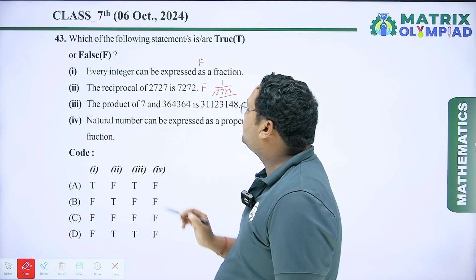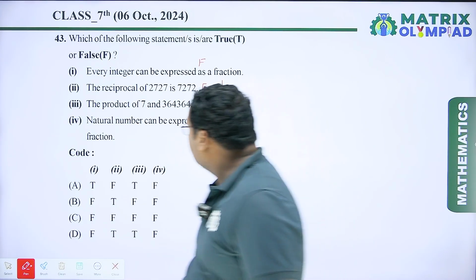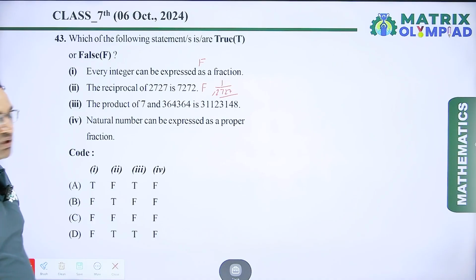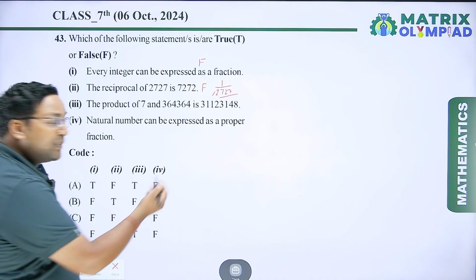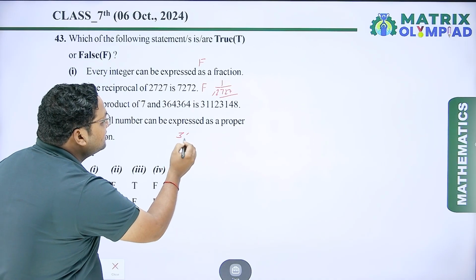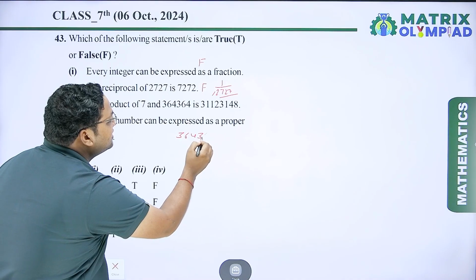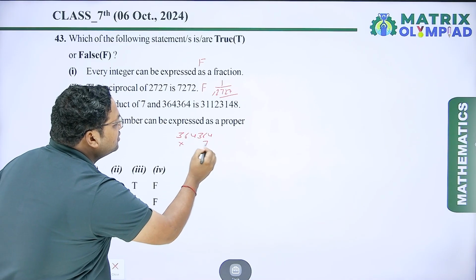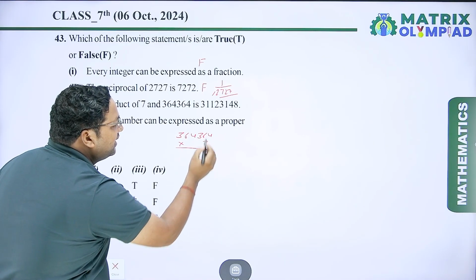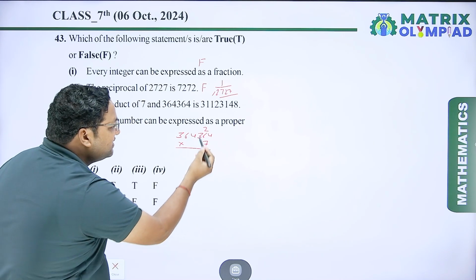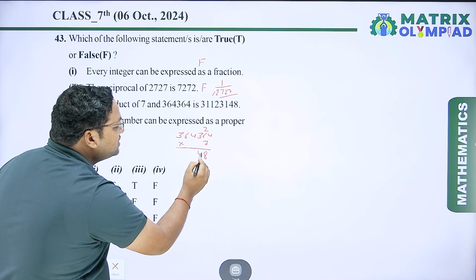Next is, the product of 7 and 364 is 3112348. So let's check. Multiply 364 by 7. So we will get 7 4s are 28. Carry 2. 7 6s are 42. 42 plus 2 is 44.